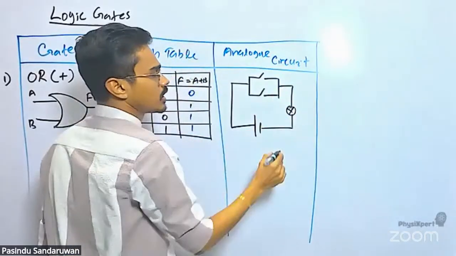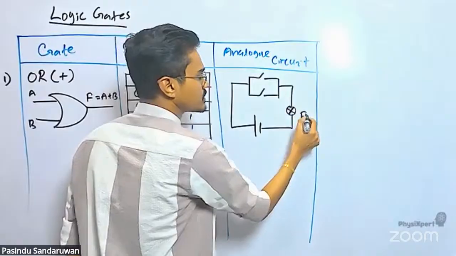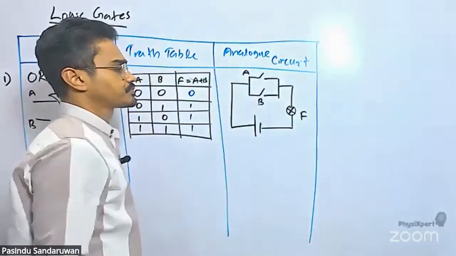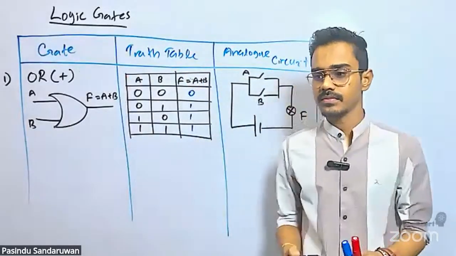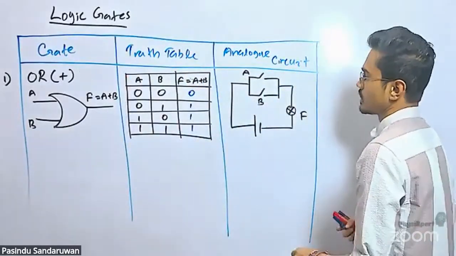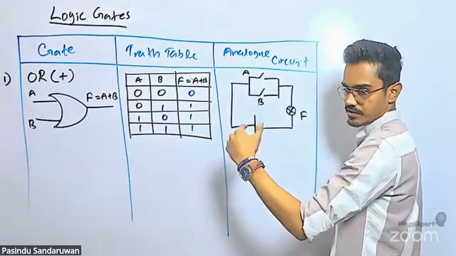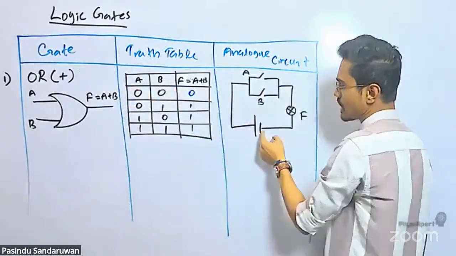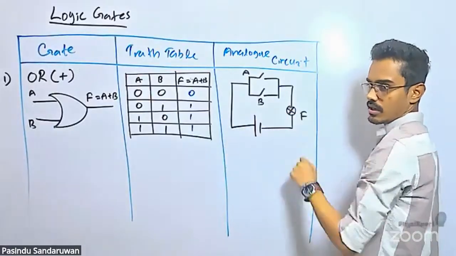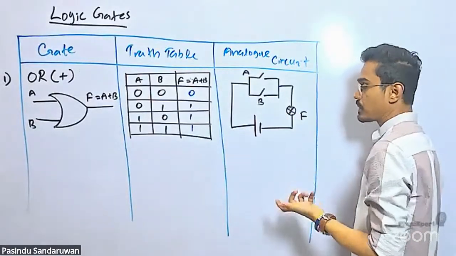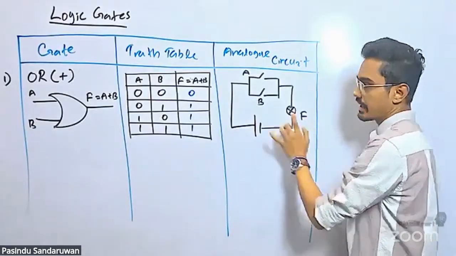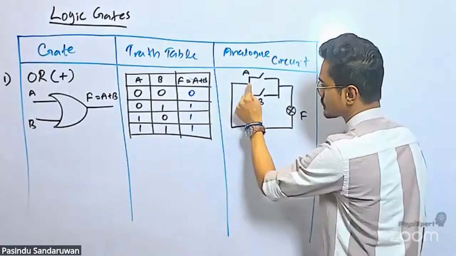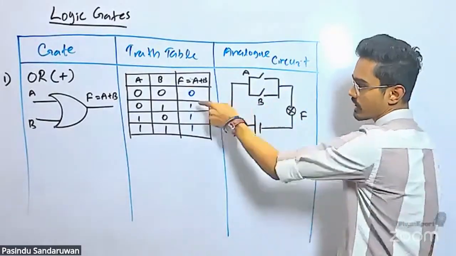See, now to show the output we are using a bulb, and for the switches we are using variables A and B. See what happens now? Switch off means 0, that is the default. If both switches are off, there is no path to pass the current, the bulb is not lighting up, 0. If B is on, current passes through B and the bulb lights up, 1, satisfies.